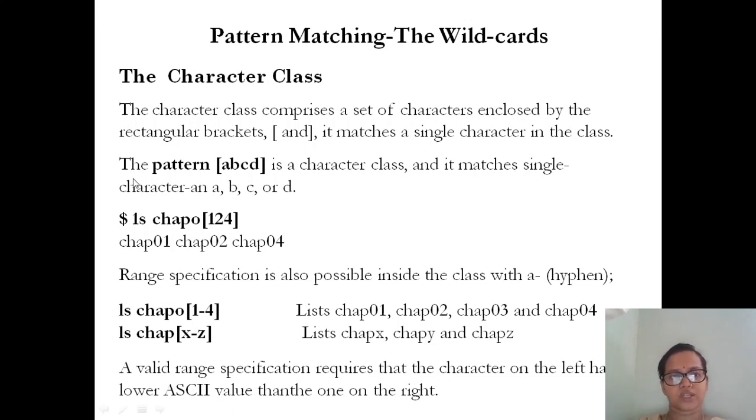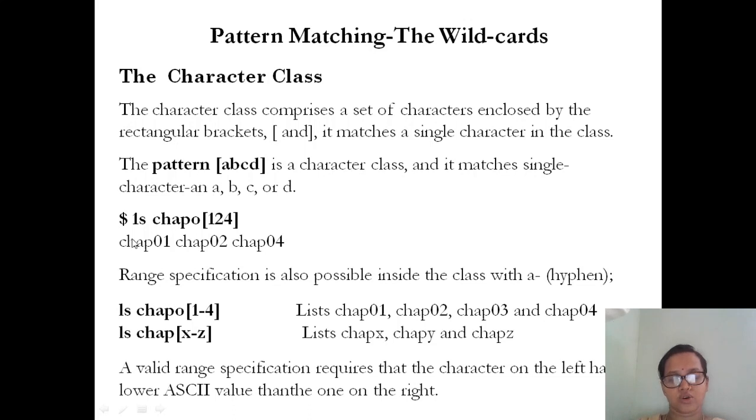For example, you can see here the pattern where inside the brackets I have given A, B, C, D. This is my subset of the character class. It should match a single character, either A or B or C or D, but only one character.